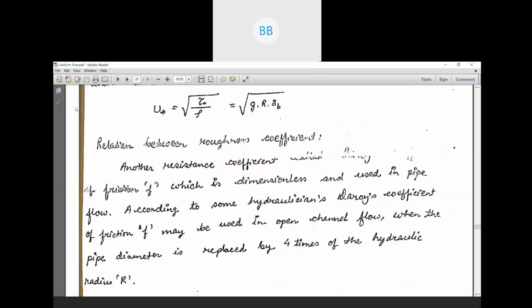So next is the relationship between roughness coefficient.